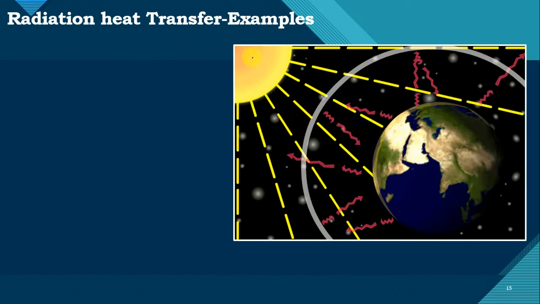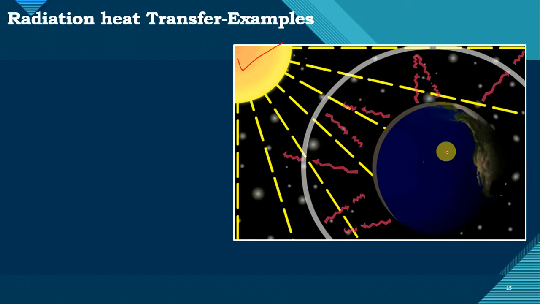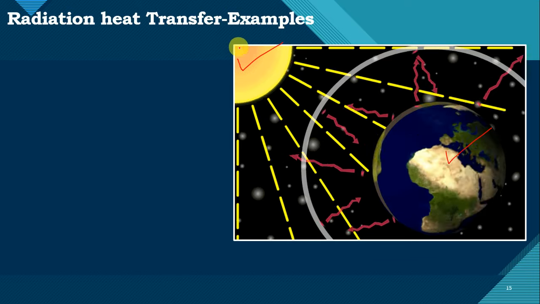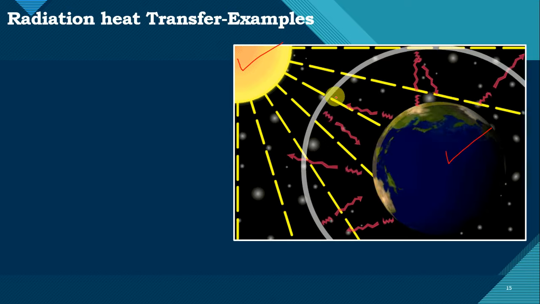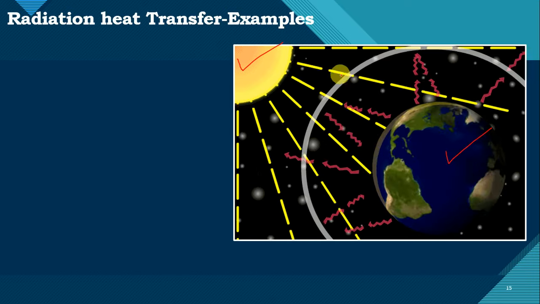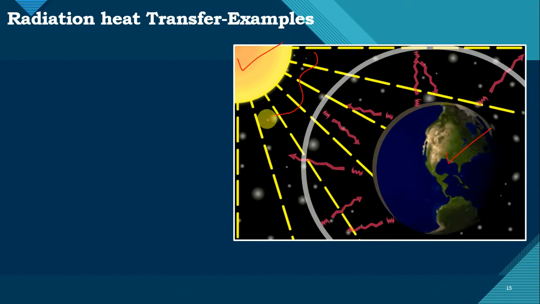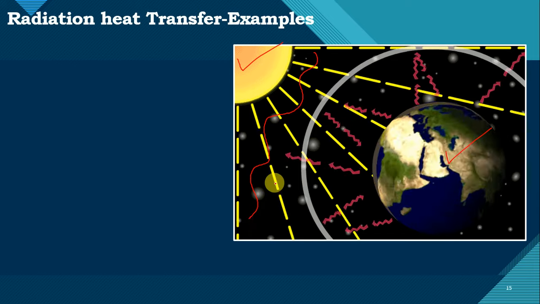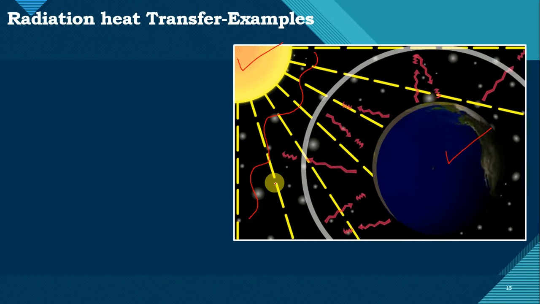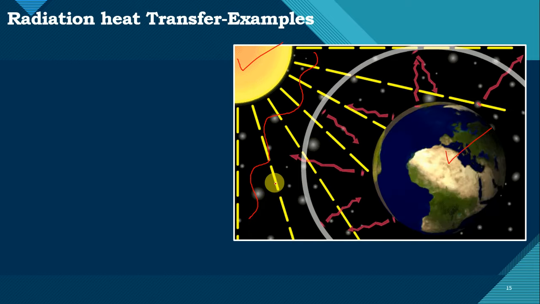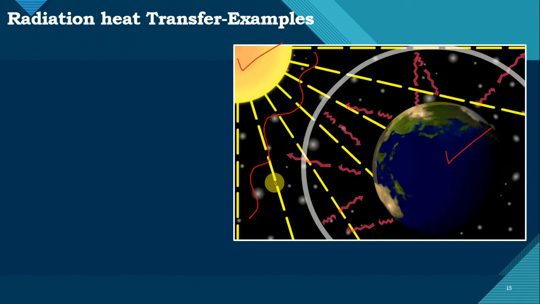Now let's see some examples of radiation. Just now we discussed that heat transfer from the sun to the earth is by radiation. The white color we are observing is actually the atmospheric layer, and this particular zone is what? Vacuum. So in the vacuum, heat transfer will be by using only electromagnetic waves, and that is nothing but radiation.